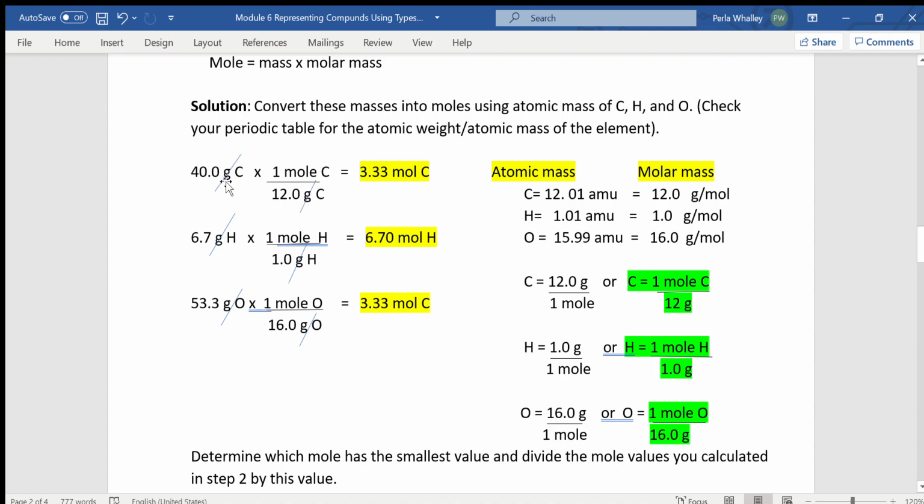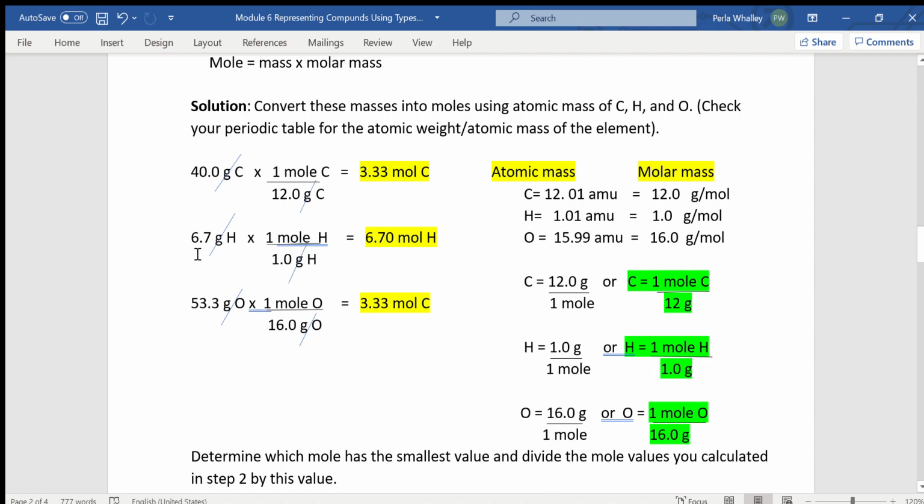So for carbon, 40 times 1 mole over 12.0 grams, grams cancelled. What is left is mole. 40.0 divided by 12.0 is 3.33 mole of carbon.